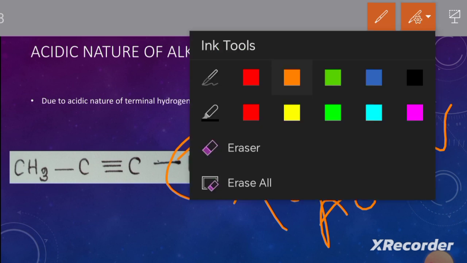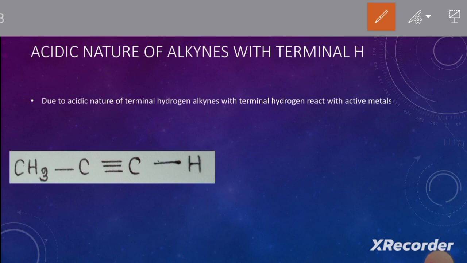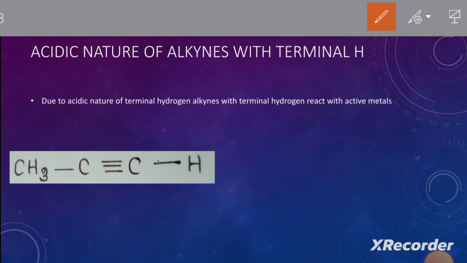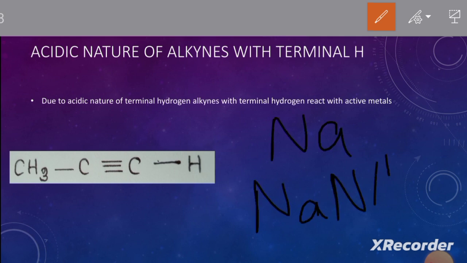Now we will move on to the reaction. These acidic alkynes react with active metals. Here in your syllabus we will talk about the reaction of these acidic alkynes with sodium and NaNH2, right?